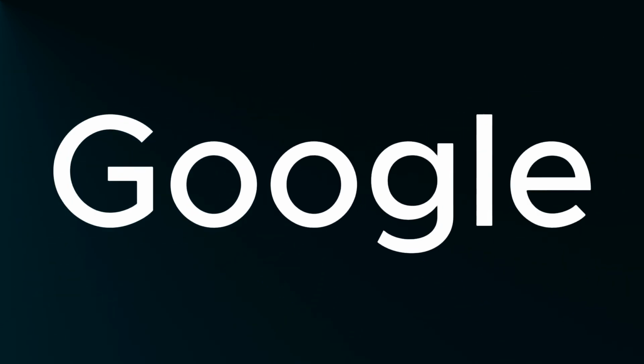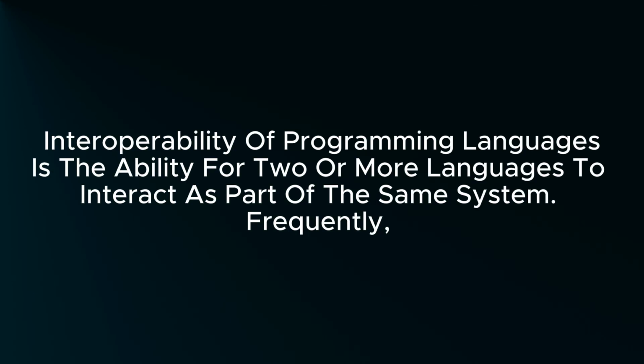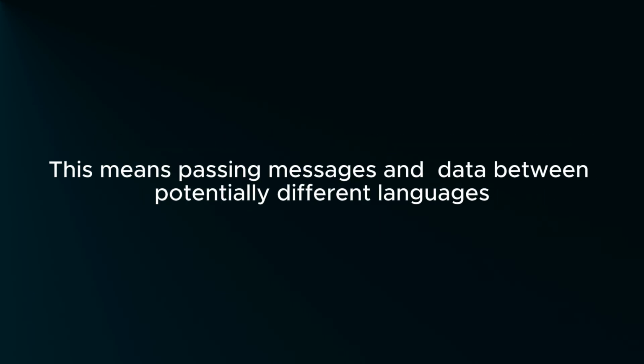No lie, I had to refer to Google. Now, the word interoperability in programming basically is the ability for two or more languages to interact as part of a system, frequently. This means passing messages and data between potentially very different languages.